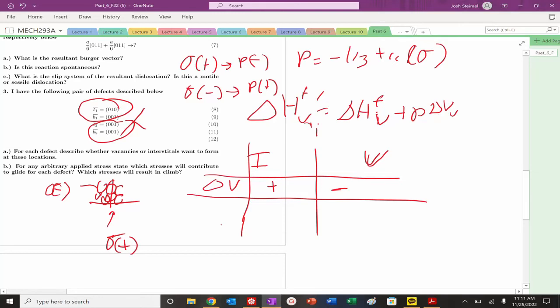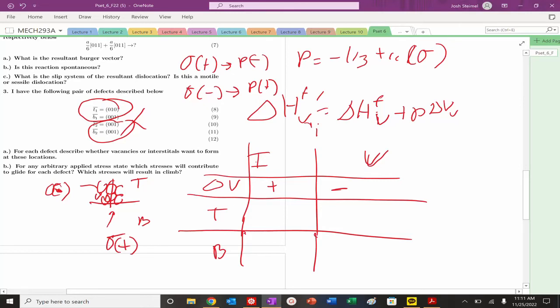So I'm going to call this top, and I'm going to call this bottom. So top, bottom, and what's going to happen here? If I'm an interstitial at the top, we'll write form or not form.